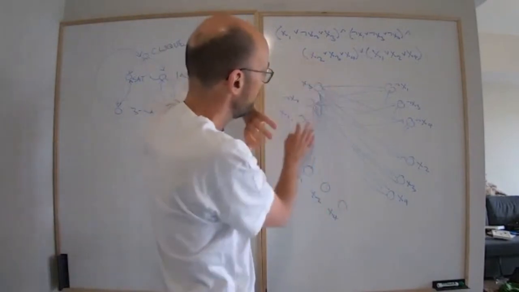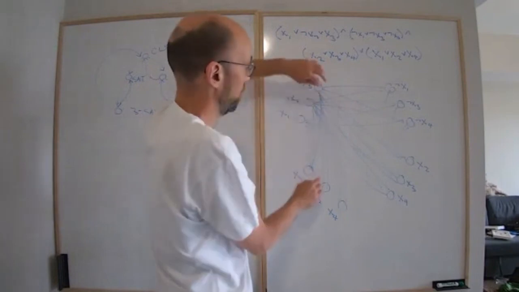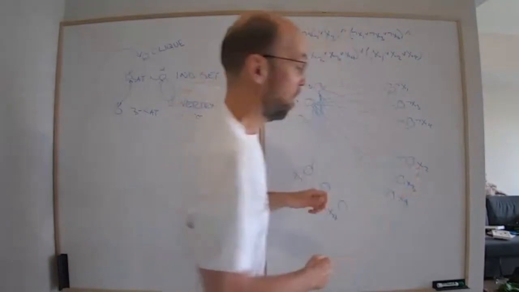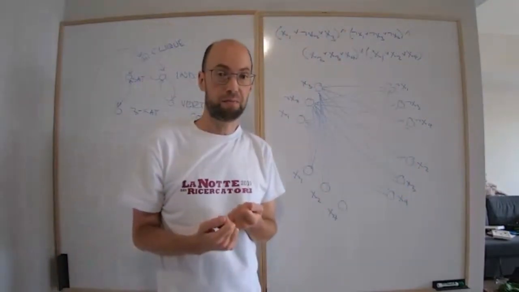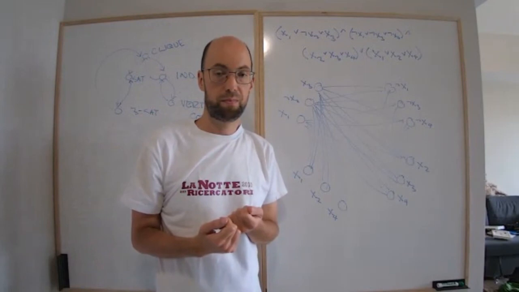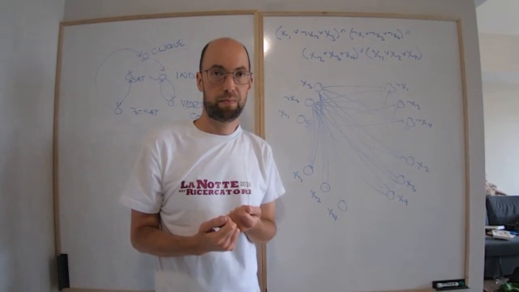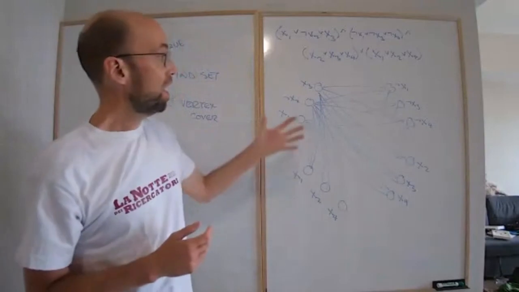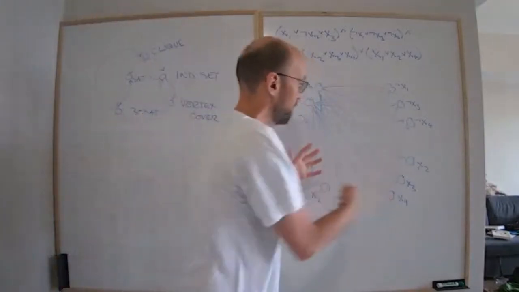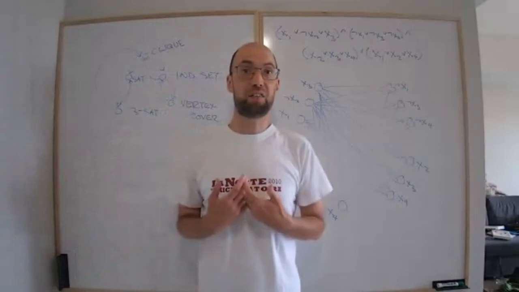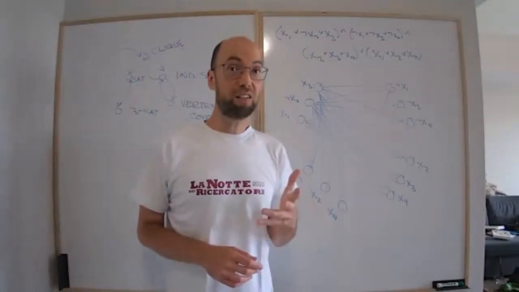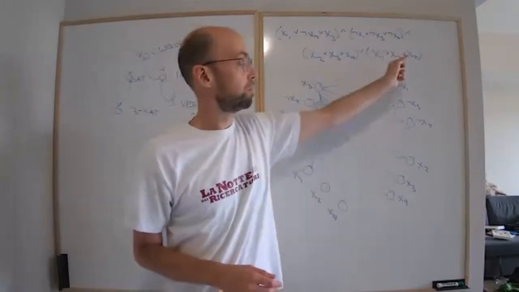Never in the same group, never for the same clause, but between two clauses I put an edge if the literals are not the negations of each other. Okay, so this is my graph G. So I have a bunch of edges here as well. Then what I ask is, does this have a clique whose size is the number of clauses?